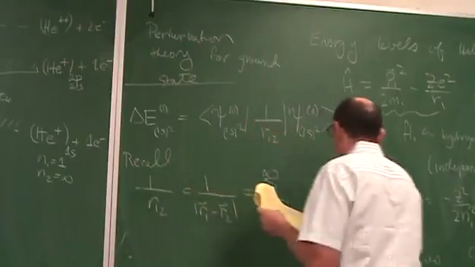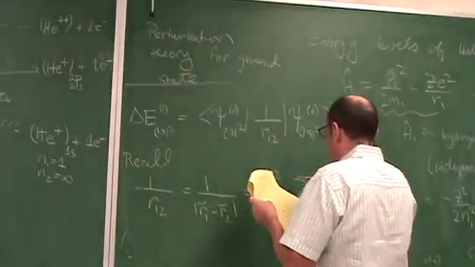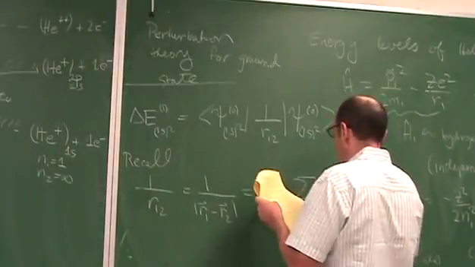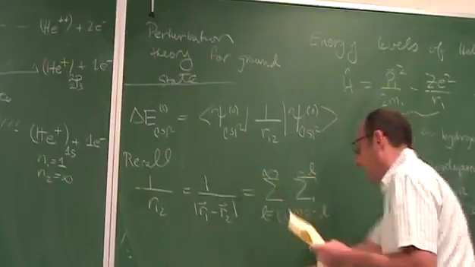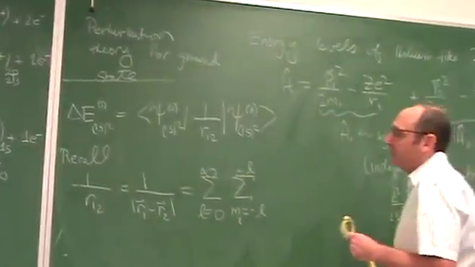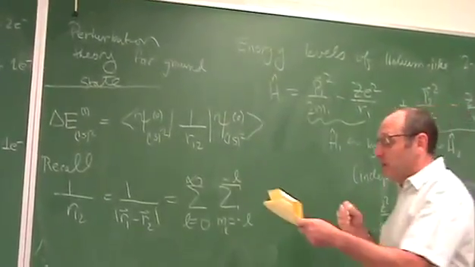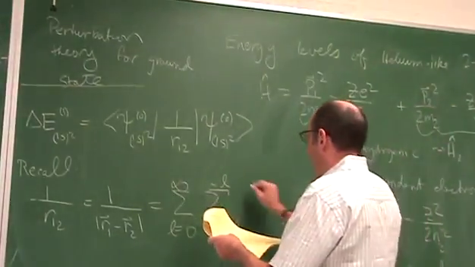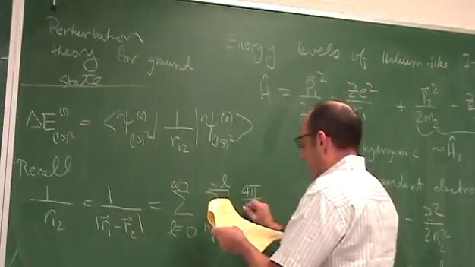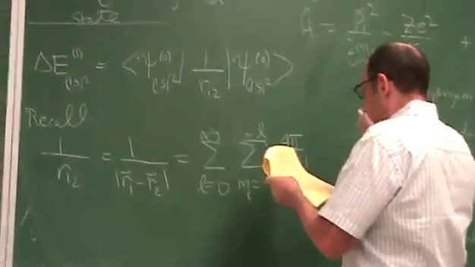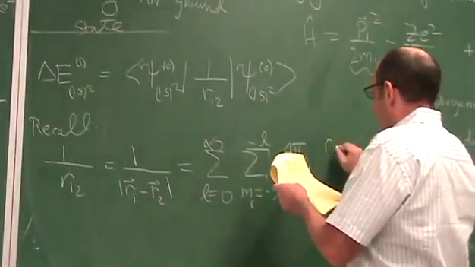Just to remind you, this is the kind of thing that you may have seen, for example, in your math methods or in studying electrodynamics, because this kind of potential shows up. We can re-express this in terms of the Legendres or ultimately the spherical harmonics.